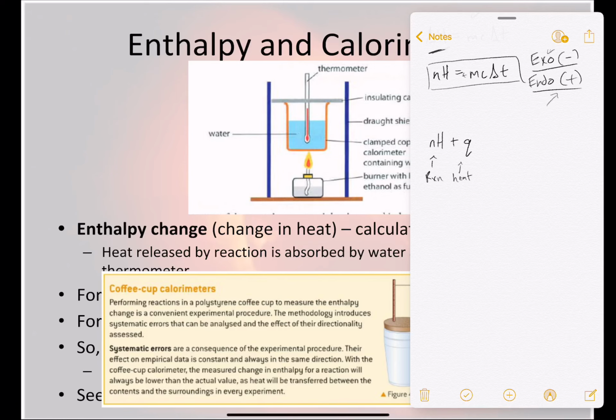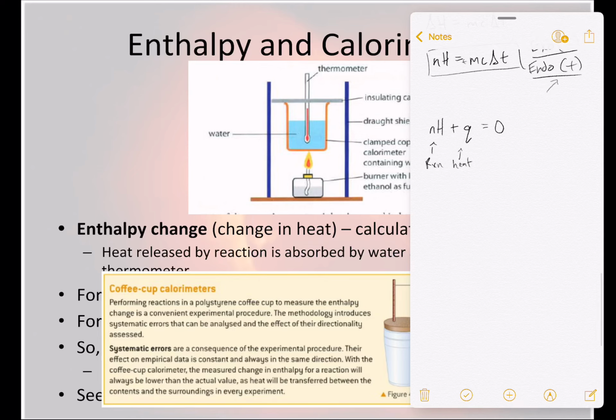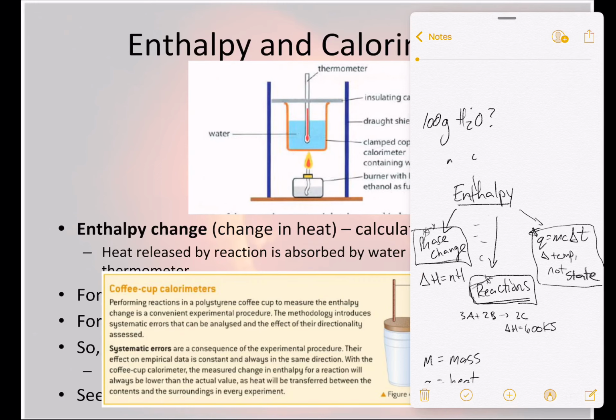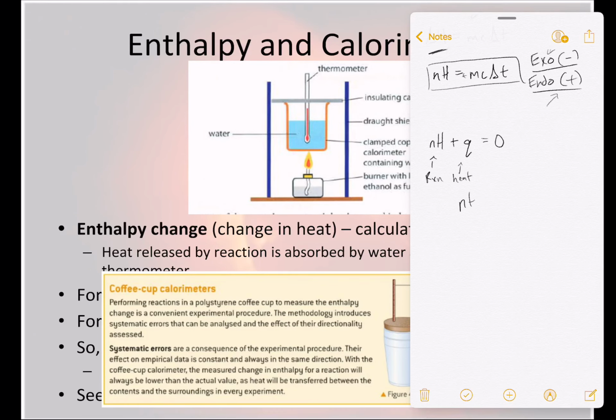So if we're changing the enthalpy, we're changing the heat, those two, because energy cannot be created or destroyed, it's going to equal zero. And so in order for us to rearrange this, sometimes when we're doing calorimetry, it's important to move the q to the other side, where we see nH is equal to negative q.